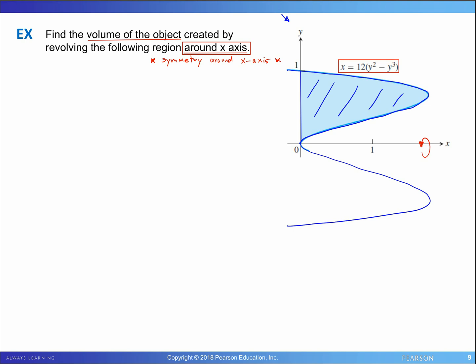And now let's extend the y-axis down here. This part, this region, is also filled, like what we have above. And now we have the opening or the mouth of this object on the right-hand side, looking like this. And the base on the left-hand side should be a little bit curvy.